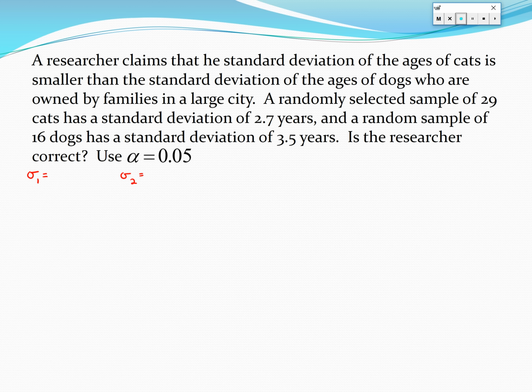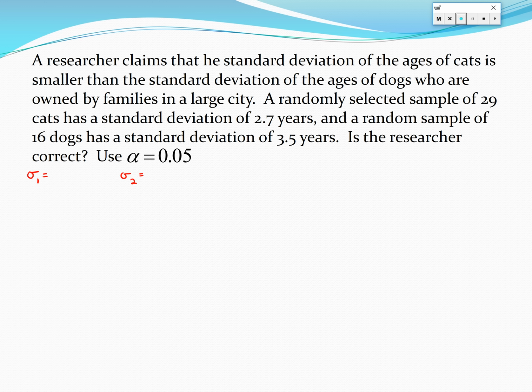So what I like to do to make sure that I don't get goofed up with the different symbols, whatever sample has the larger variance, or in this case standard deviation, I put that as my first one. So then all my labels match up. It helps me avoid confusion when finding my test value and finding my critical values with my degrees of freedom for numerator and denominator.